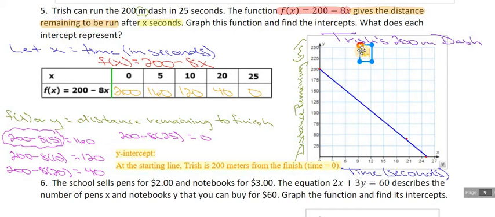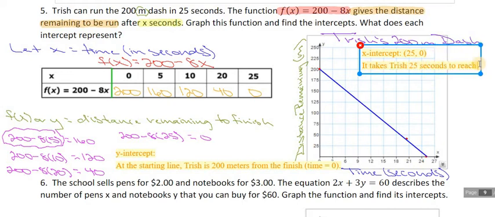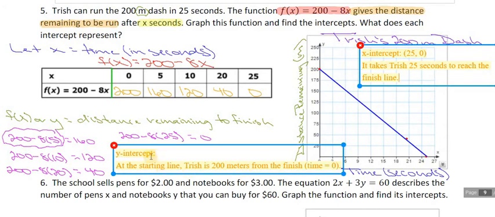So x-intercept, if the time is 25 seconds and the distance remaining is 0, that would mean it takes her 25 seconds to reach the finish line. So she runs the 200-meter dash in 25 seconds, and that's exactly what it said.